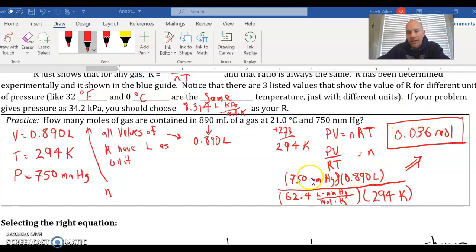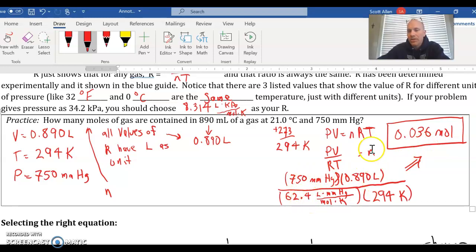You'll get an answer, and make sure that you round this particular problem to 2 significant figures, because this has 2 sig figs and that has 3 sig figs. This right here would dictate the number of significant figures that you have. So that's rounded to 2 sig figs.